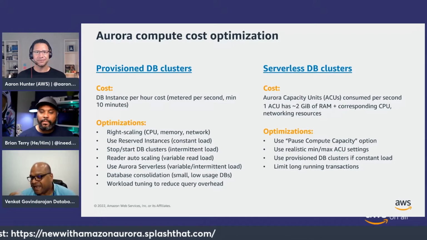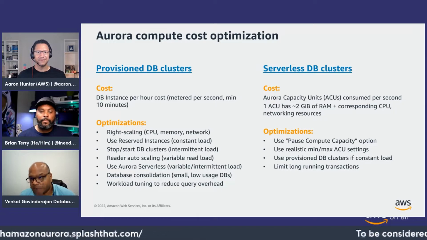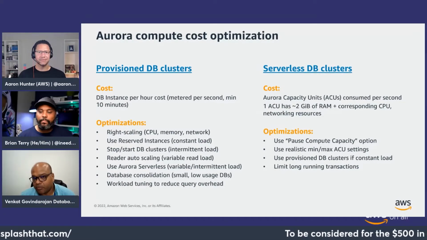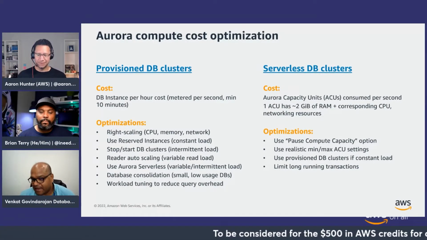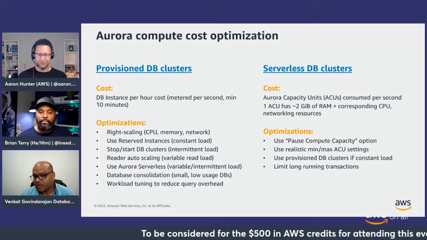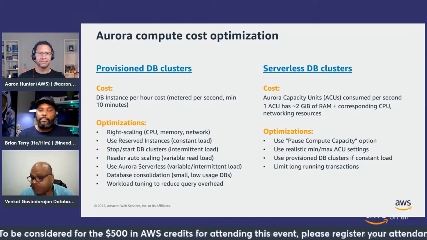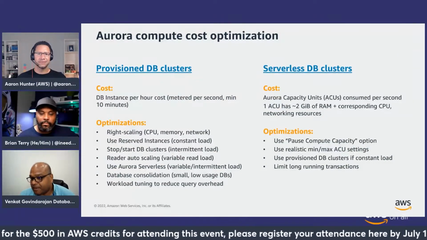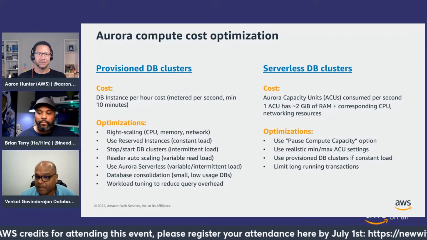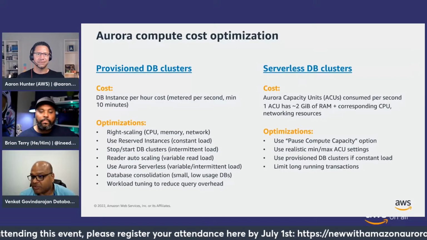So identifying your right min and max is very important, both in terms of performance and cost. That's a fine balance, right? You don't want to keep your min so low that scaling takes a while to hit the max. At the same time, you don't want to keep it so high that you're paying a lot of money for it without actually using it.